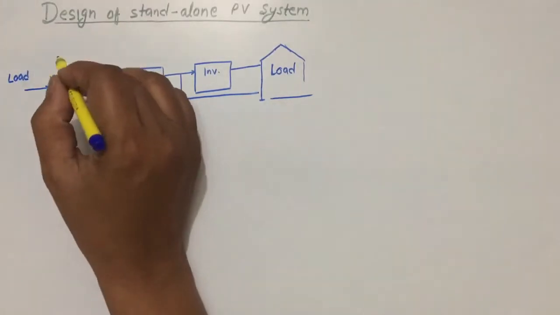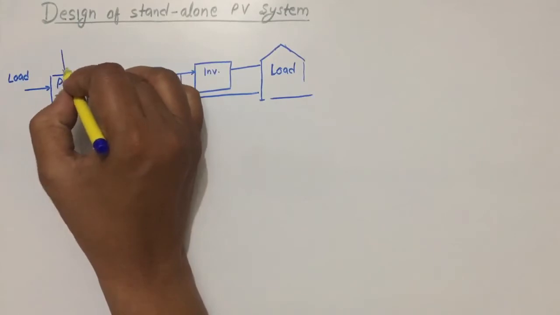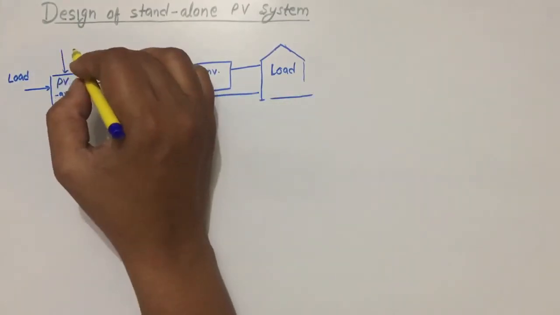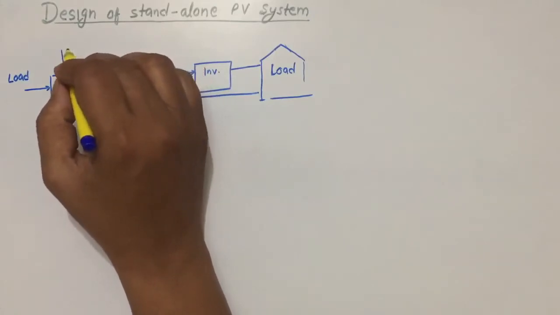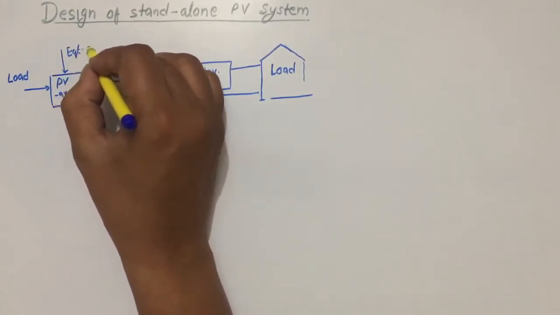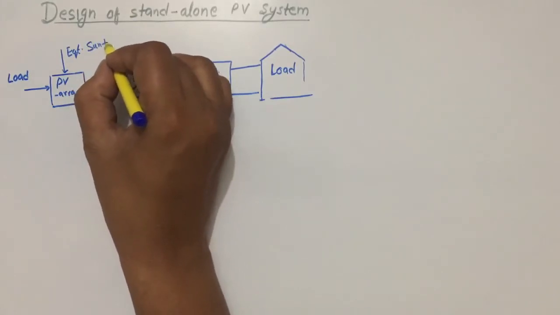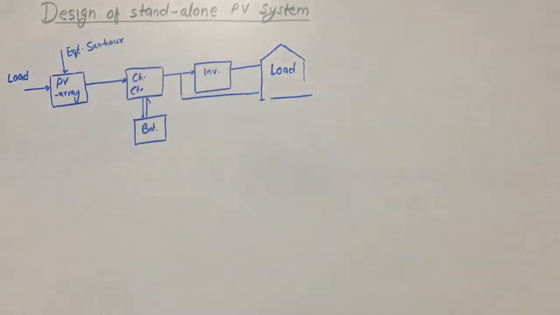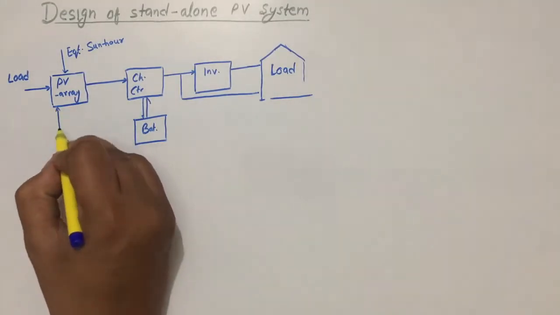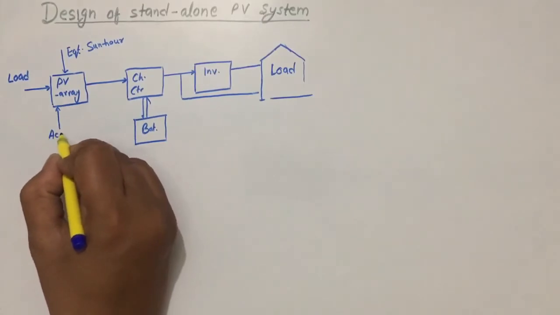The second thing that decides the number according to the load requirement is the equivalent sun hour: for that particular location, how much time the sun shines in a day. And we can consider an additional thing, that is, we can account for the losses.